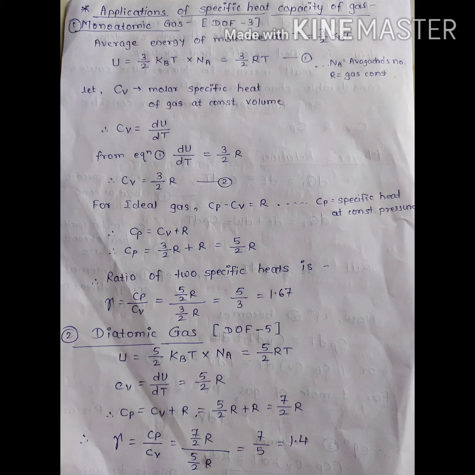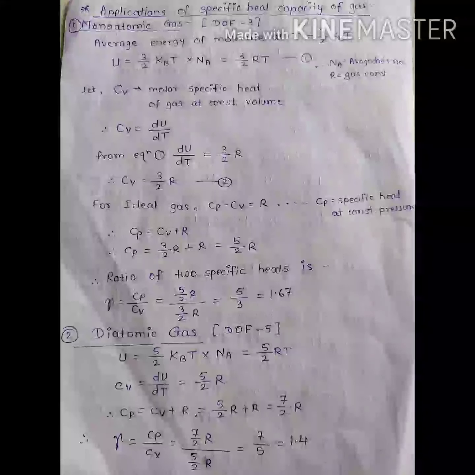Second application is for diatomic gas. A diatomic molecule has 5 degrees of freedom. According to the law of equipartition of energy, the total internal energy of 1 mole of diatomic gas is U = 5/2 kBT times capital Na, which is equal to 5/2 RT.